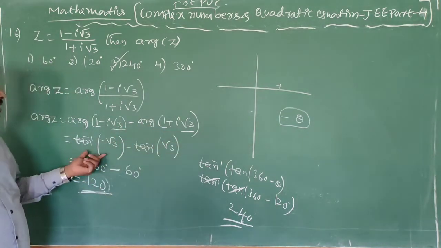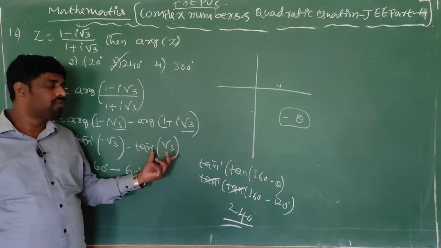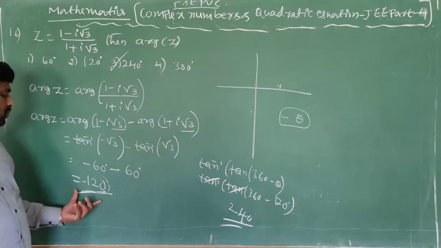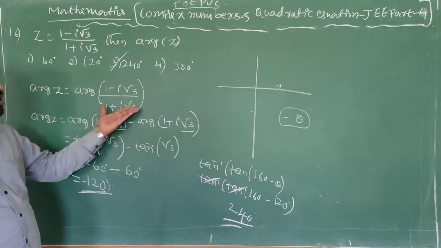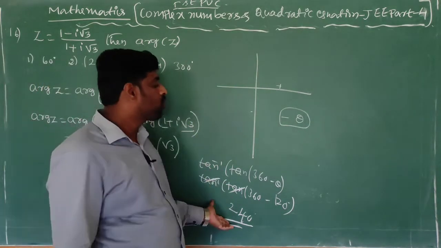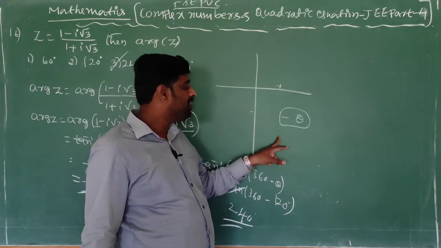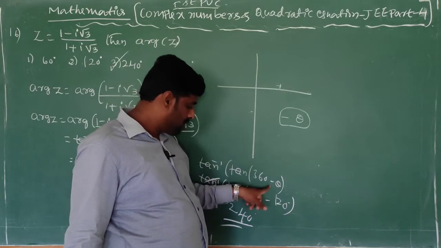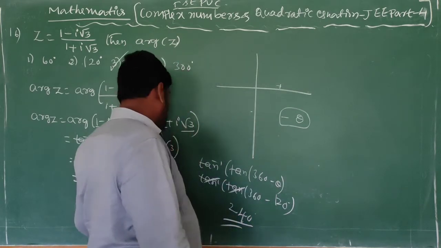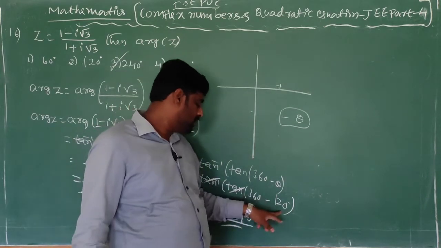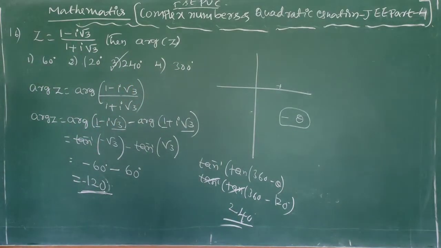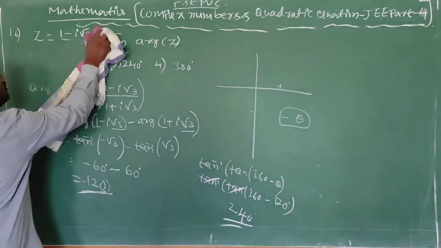Tan inverse of minus root 3 minus tan inverse of root 3, so minus 60 degrees minus 60 degrees, minus 120 degrees. It is present in the fourth quadrant. So tan is negative, and again negative means positive will come, and again here minus theta is there. 360 minus 120 is 240. Third option. Next we'll move on.